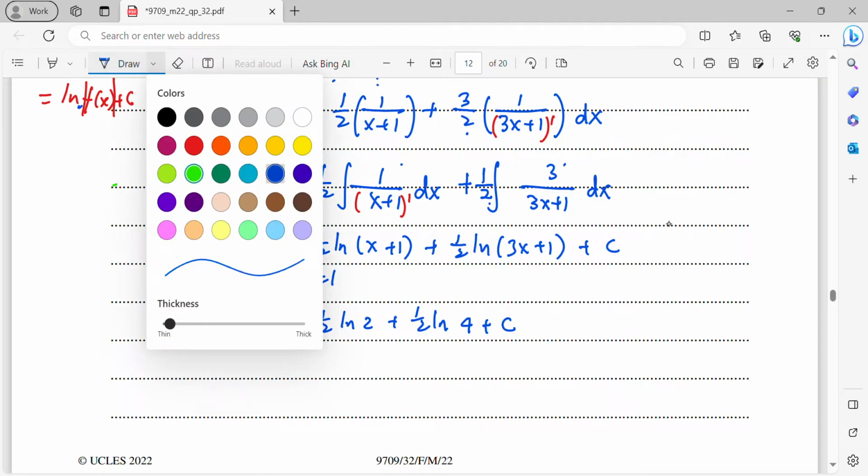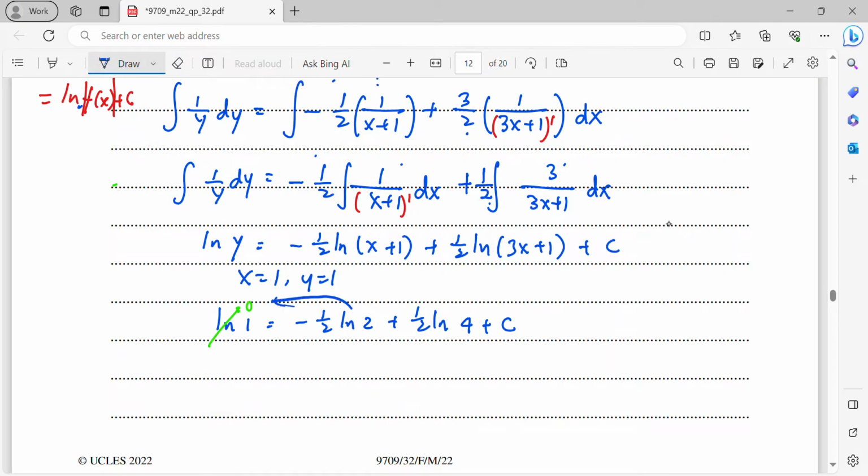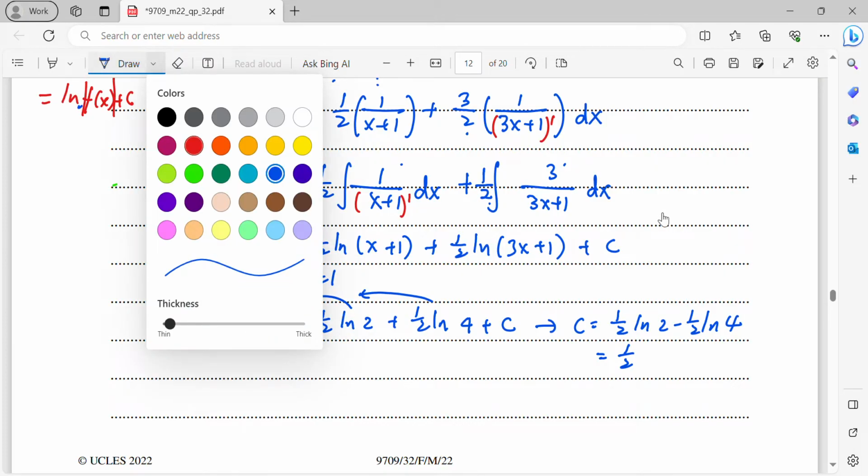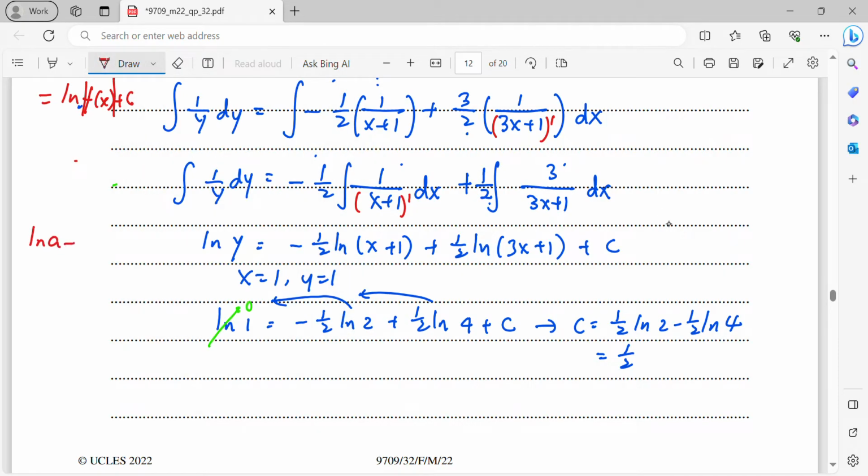So now from here, just move these two terms to the right side. So therefore, my c is going to be half ln 2 minus half ln 4. And then I can simplify this. Now, to simplify, ln a minus ln b is ln a over b. Right?